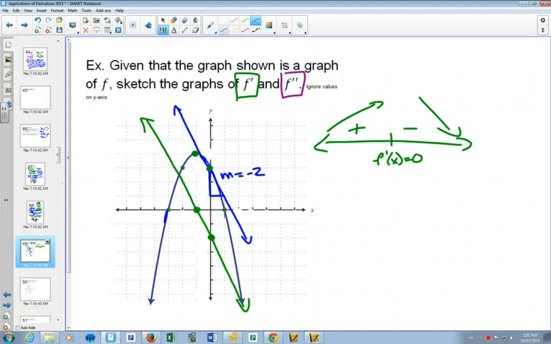I'll just temporarily draw, if it was an x to the 4 graph, then the derivative of an x to the 4 graph would be an x cubed graph. And what that would look like is it would be very similar to our straight line graph and would look something like that.